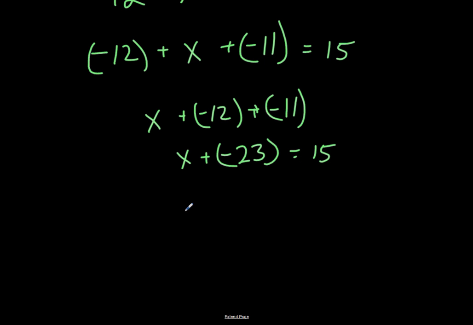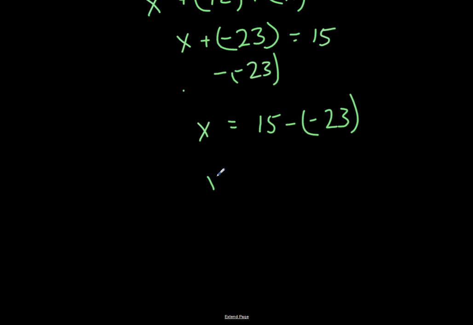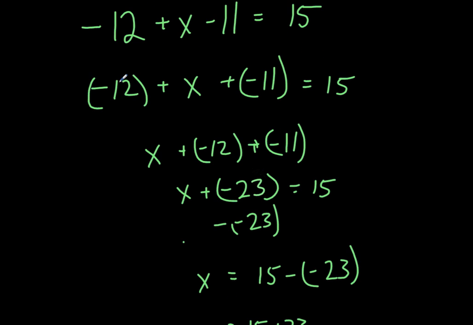What we'll get is minus negative 23, subtract it off of that side, and we'll get this equals 15 minus negative 23. What happens when we have two negatives beside each other? They turn into a plus, so then we get x equals 15 plus 23, and you get 38. That actually for this problem might not be the best way to do it, but either way is fine. It doesn't really matter.